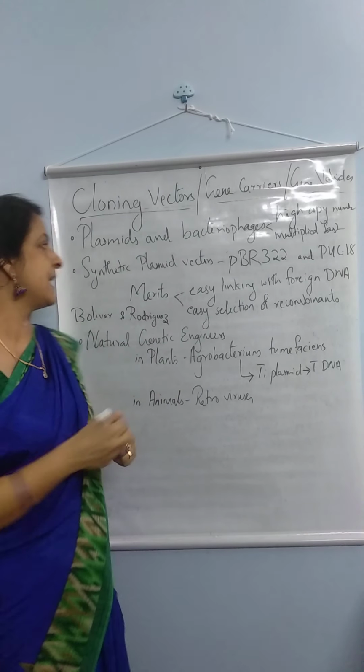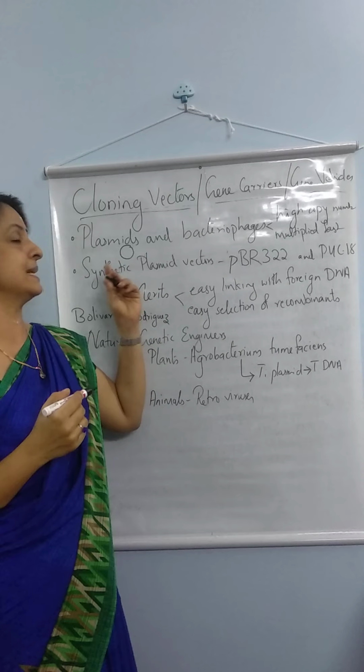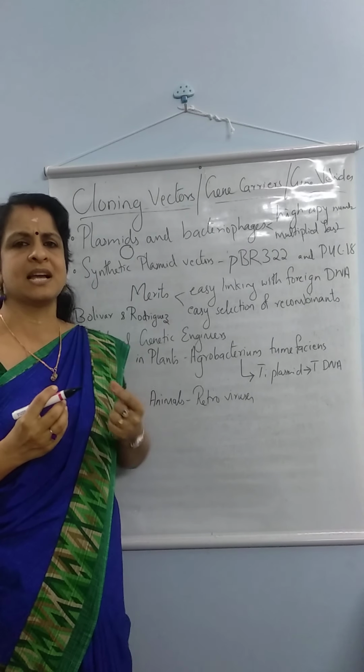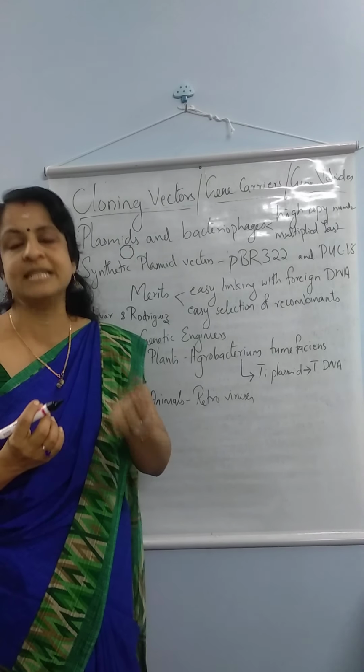What are plasmids? They are circular, double-stranded, extra-chromosomal DNAs, meaning other than its genetic material, the bacterial cells have one or many circular DNAs called plasmids. Usually, plasmids contain very few genes, like antibiotic resistance genes, and their specialty is that they can independently replicate.